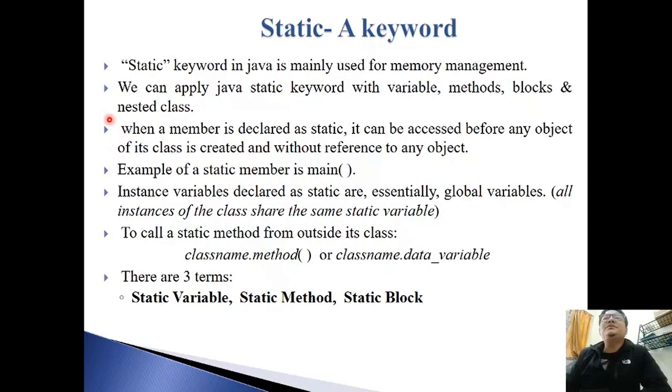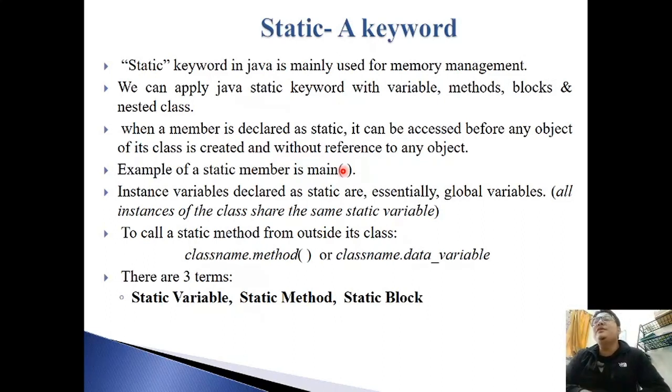Just to summarize, an example of a static member that we have already used is the main method. Whenever we have used a main method inside any class, we have never created the object of that class, because we have specified the main method as static.